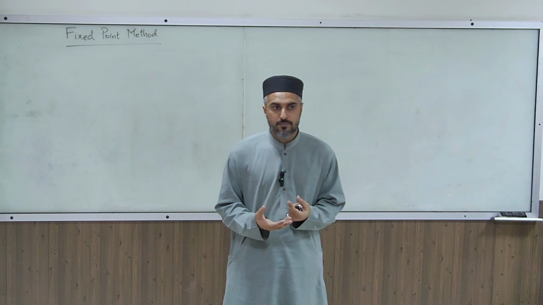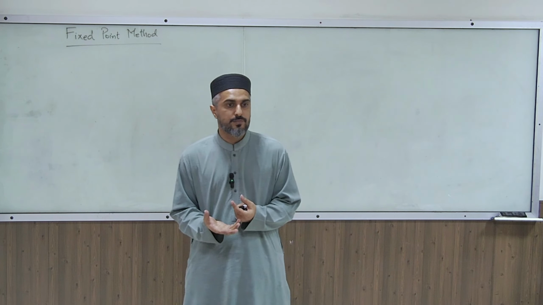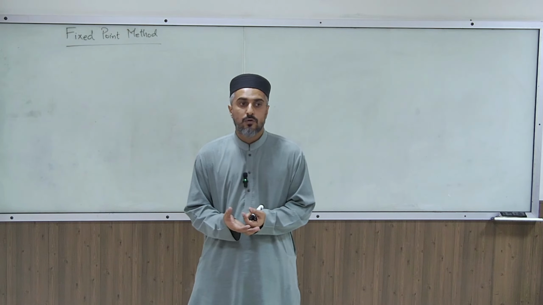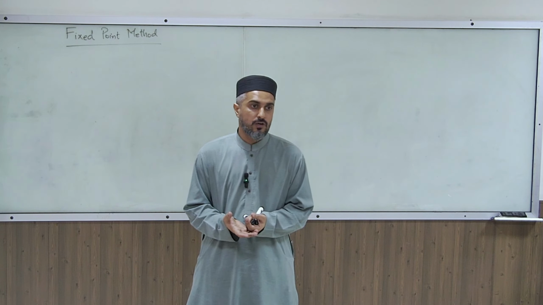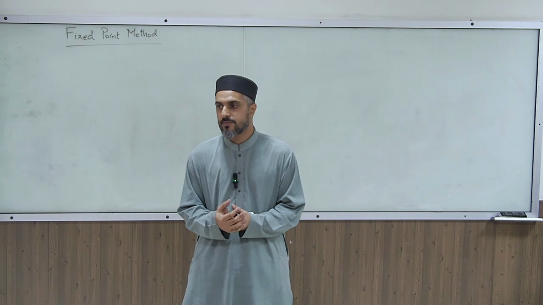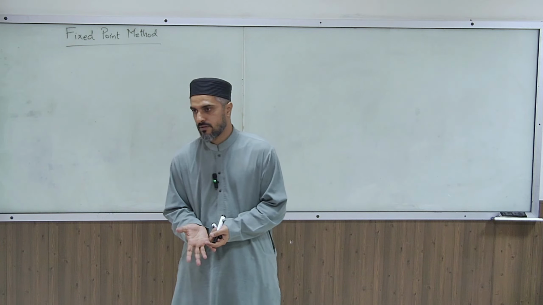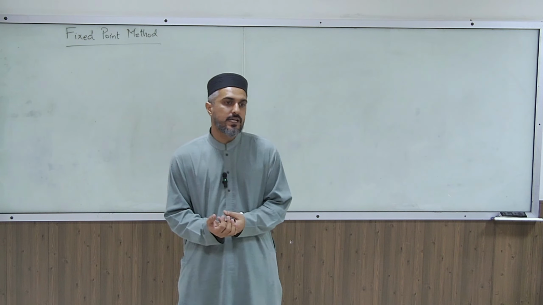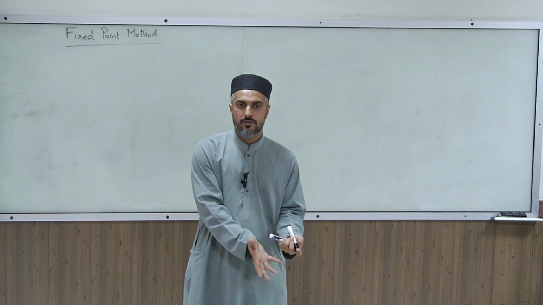Why I'm saying it's a problem, or a point to discuss, is because then we need to decide which representation is a better one, better in terms that it will take us towards a solution.